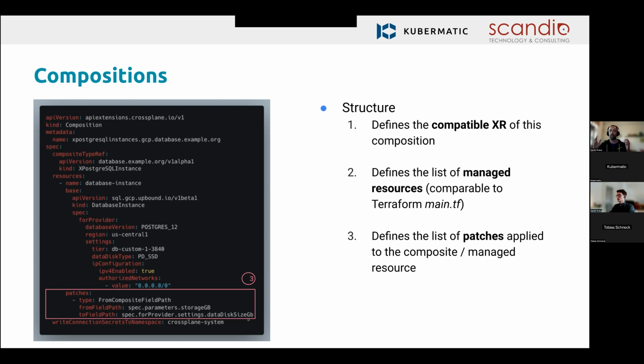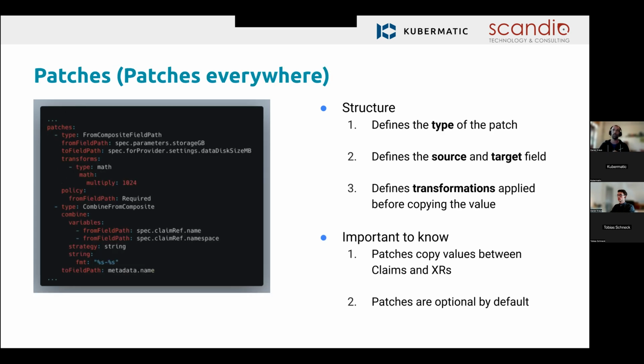So since compositions and especially patches are the resources that you will work the most with, let's take a closer look at patches. So in general, the patches are quite simple and we have a couple of different types of patches available.